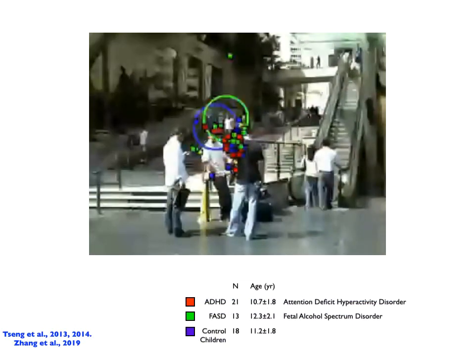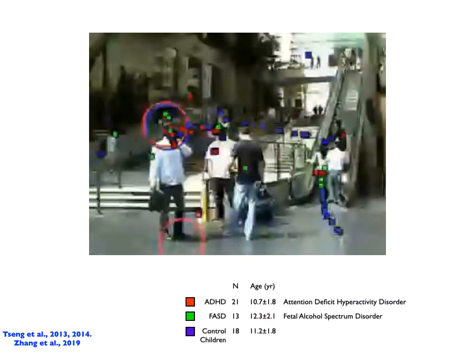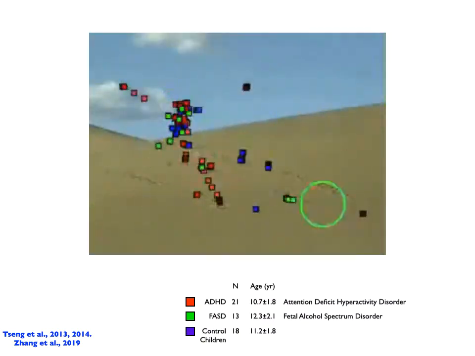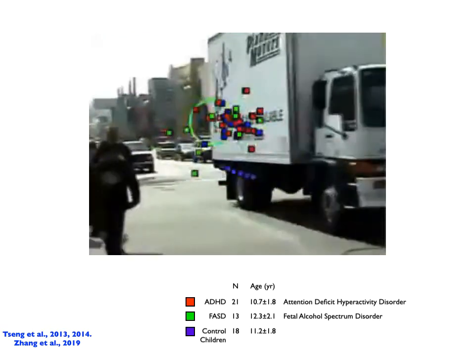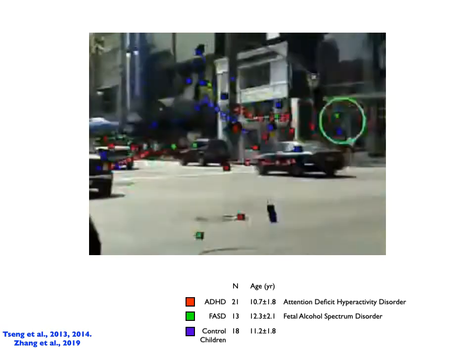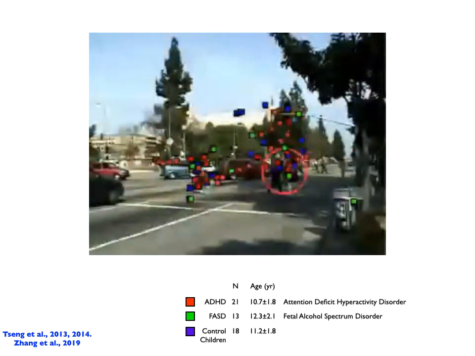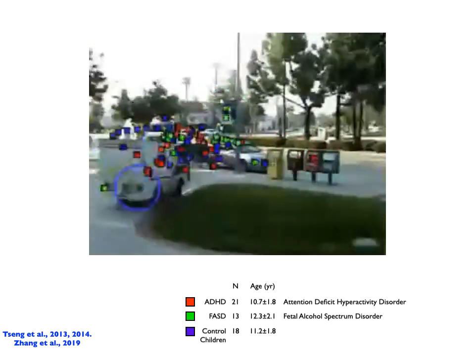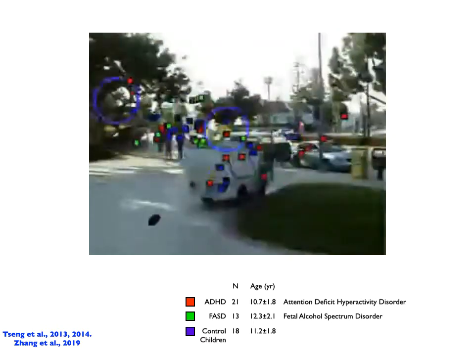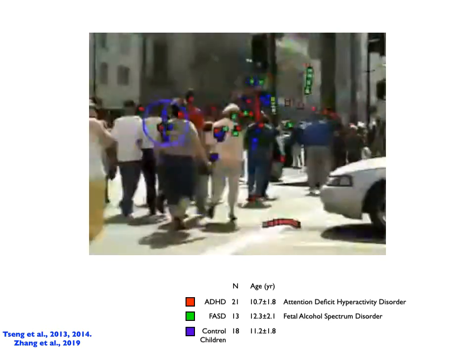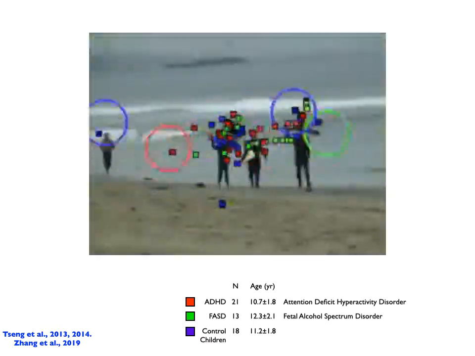The way in which we tested this was to look at patient populations. So here we have 3 groups of individuals. They are control children in blue, children with attention deficit hyperactivity disorder, ADHD, in red, and children with fetal alcohol spectrum disorder in green.